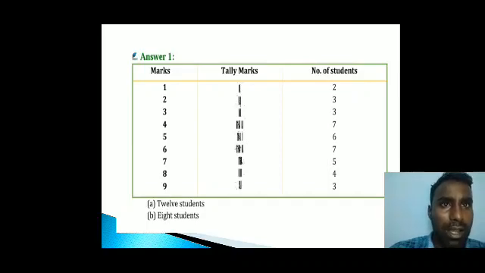See here, mark 7 is 5, mark 8 is 4, and mark 9 is 3. So 5 plus 4 plus 3, that means totally 12 students. Okay, so the answer is 12.